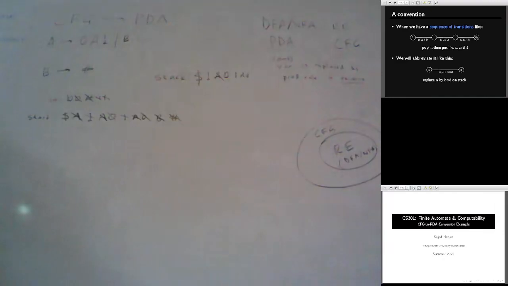So if you want to push, say, B, C, and D, we push B, go to a state, and then in this state you have no choice but to push the C, and from this state you have no choice but to push the D. So in order to go from Q0 to Q1, you have to push the B and C and D. So you just basically make states in the middle to put in the rest. It just means go through a bunch of states where you push in the next symbol one by one until you reach the target.